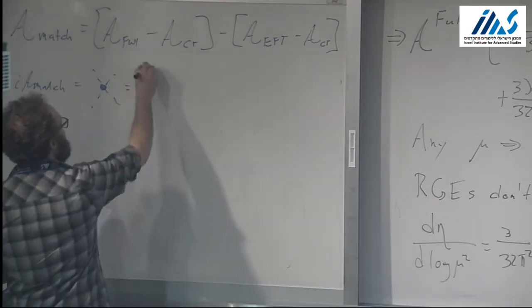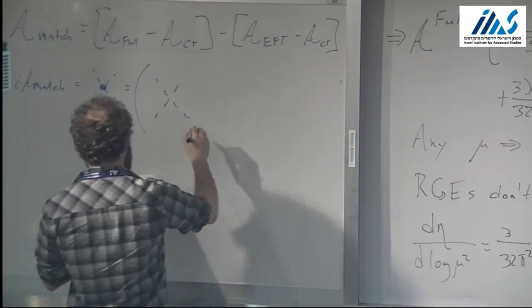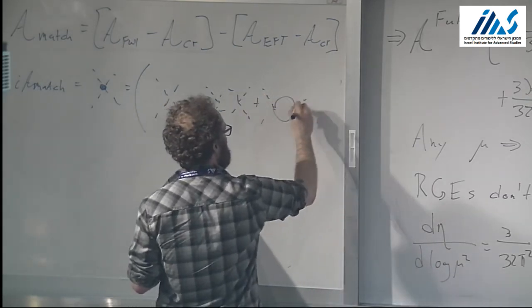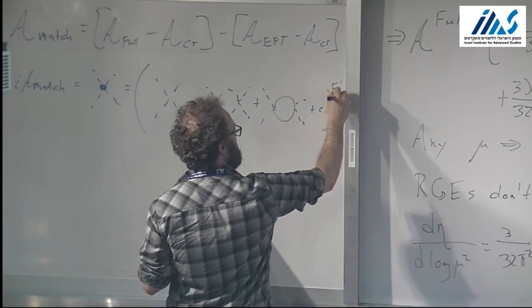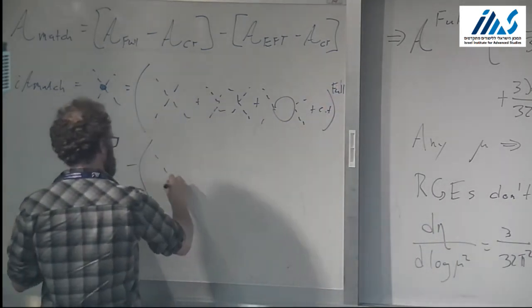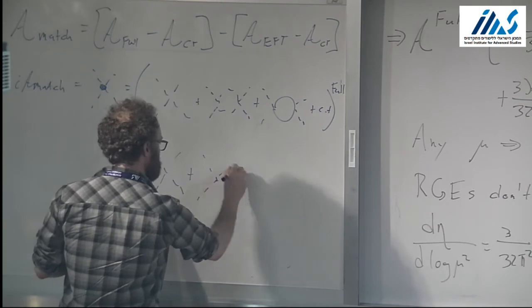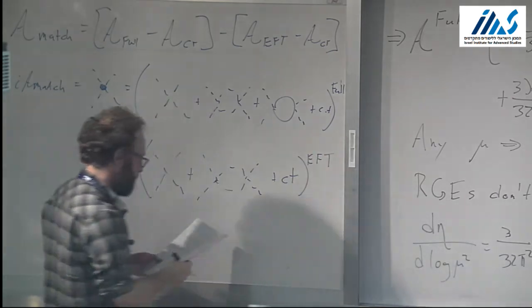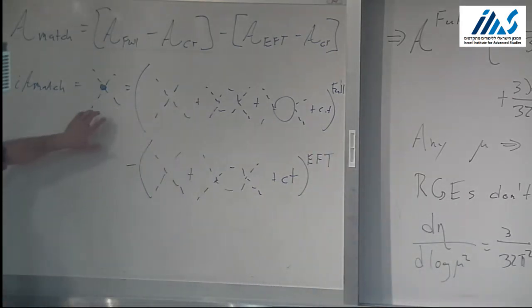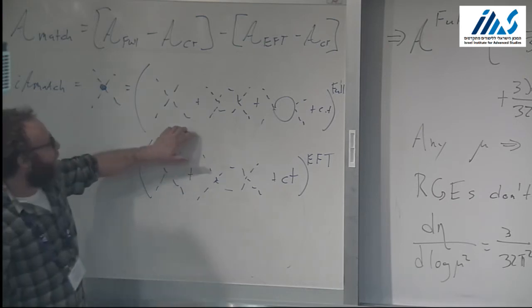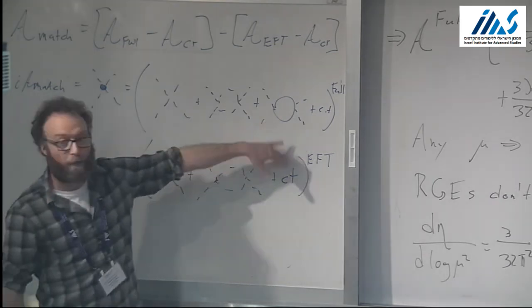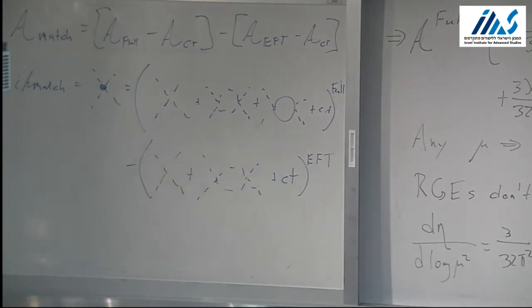And that is equal to the full theory calculation minus the EFT calculation, okay? So this, which we're calling the matching coefficient, is tree plus one loop in the full theory, minus tree plus one loop in the effective theory, including counterterms, so renormalized. Again, because it's physical, right? I'm just calculating the physical scattering in both and looking at the difference.